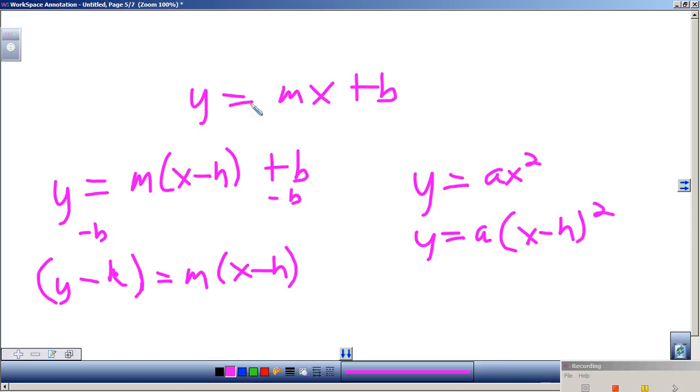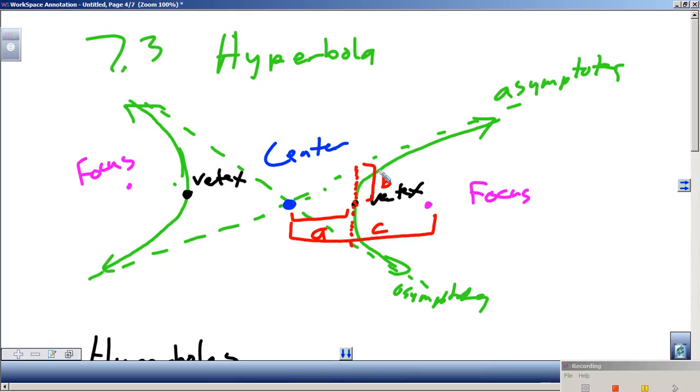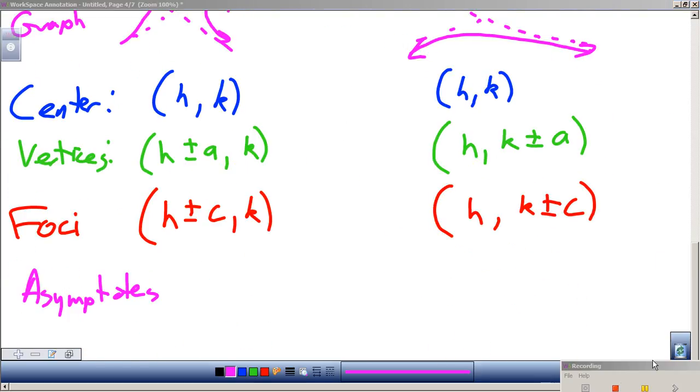So now, in this form, what did we say the slope of the asymptote was? Well, in this case it was b over a. What about for the other one? Because we've got two asymptotes. So the bottom one, what would it be? Negative b over a. Good. So we get our asymptote. For this one, y minus k equals plus or minus b over a times x minus h.